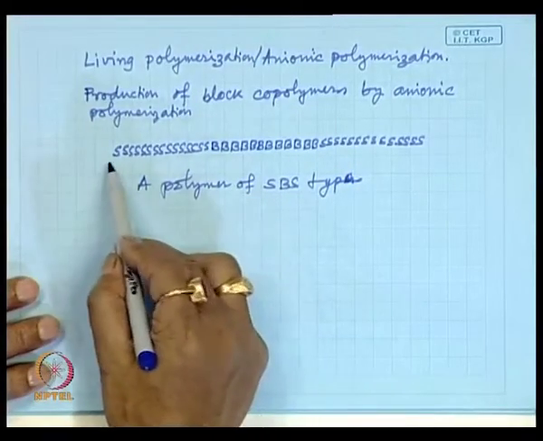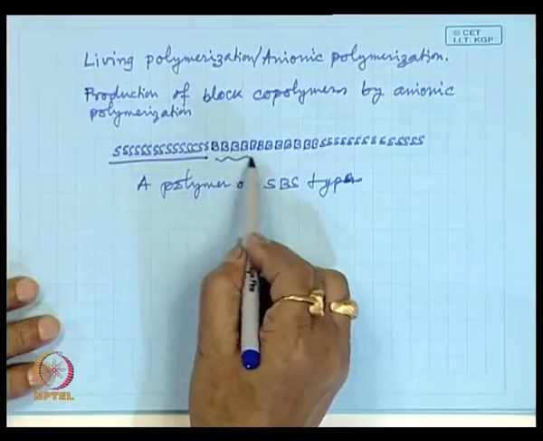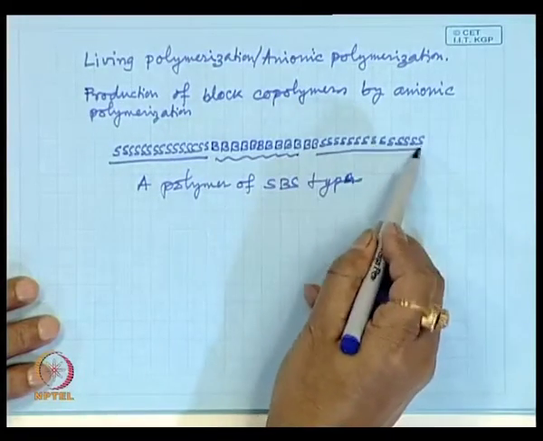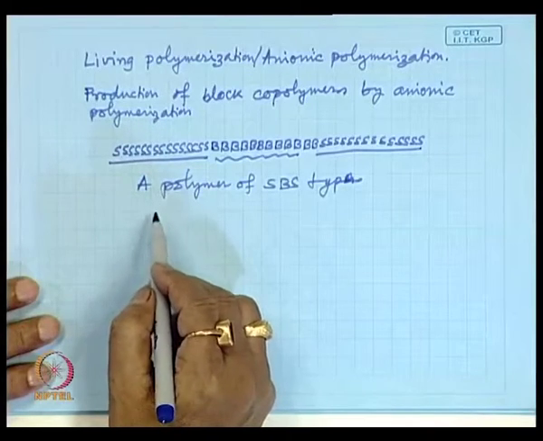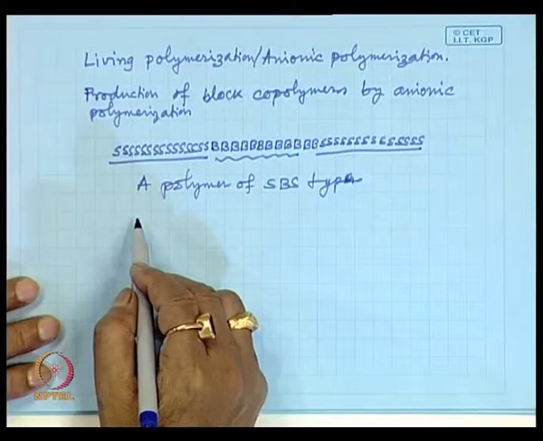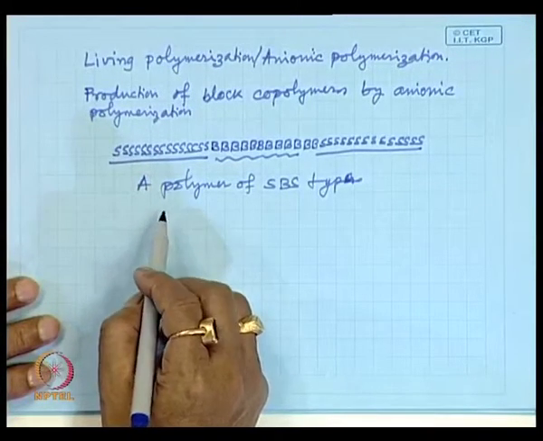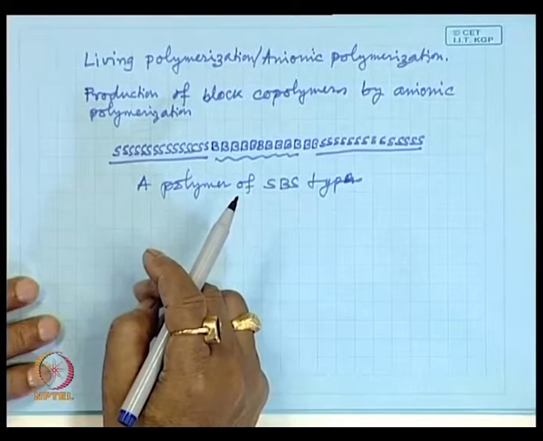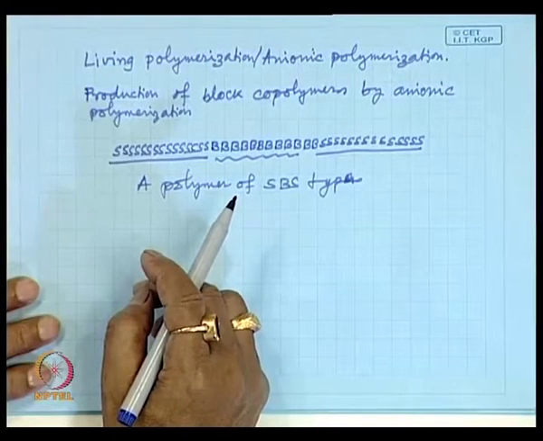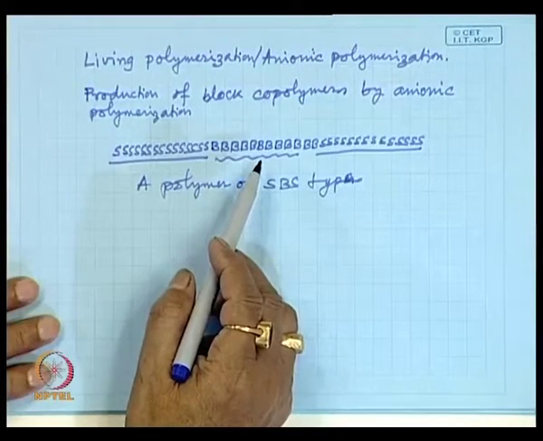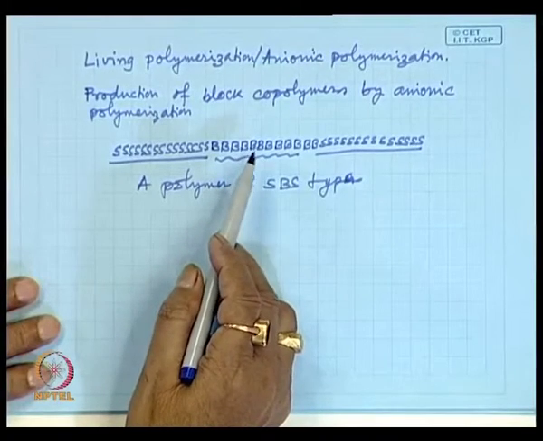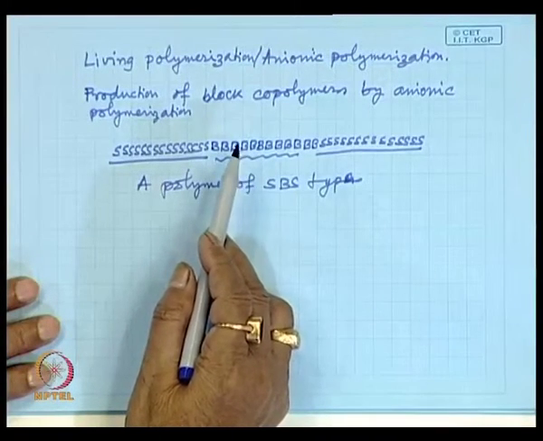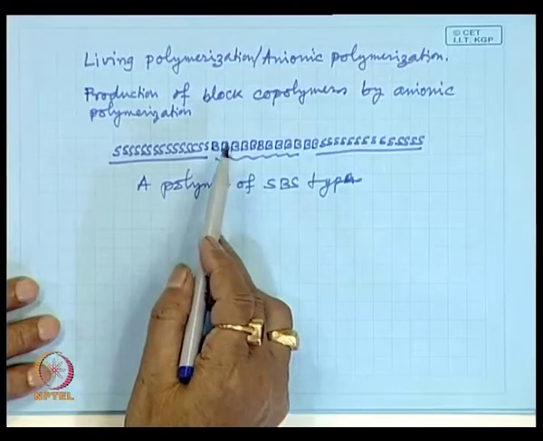Now, it has a unique property. Polystyrene is rigid and brittle because of the presence of phenyl rings attached to the backbone chain at every alternate carbon. Whereas in polybutadiene, the backbone chain contains only hydrogen substituents, so it is flexible.